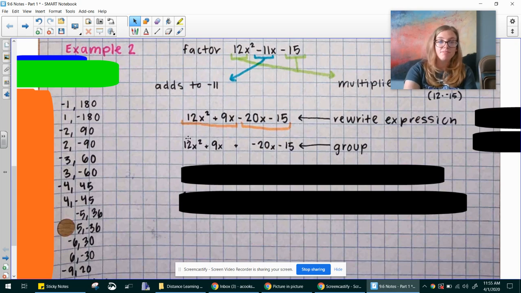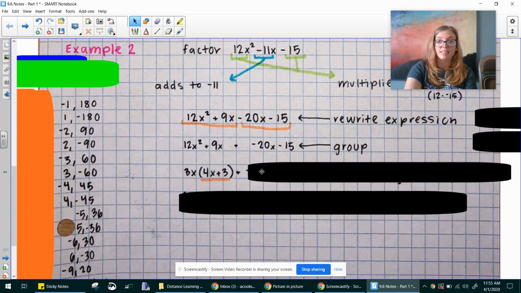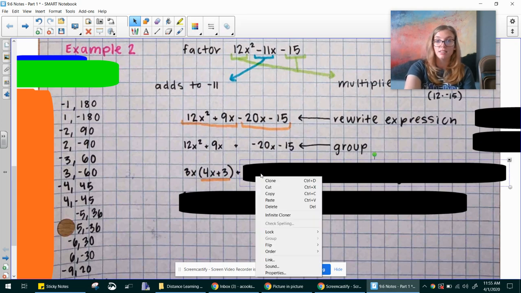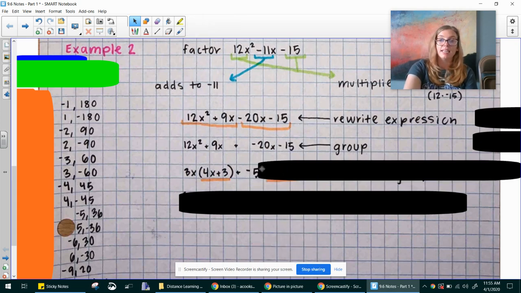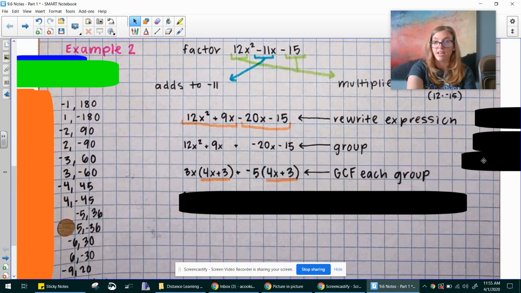So the greatest common factor between 12x squared and 9x is 3x. That leaves us with x plus 3. And the greatest common factor between negative 20x and negative 15 is negative 5. So that helps us pull out all of our greatest common factors. And we know that we did it correctly because we're left with these twins.